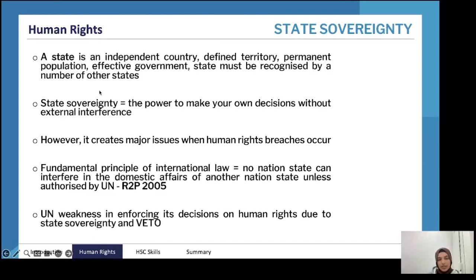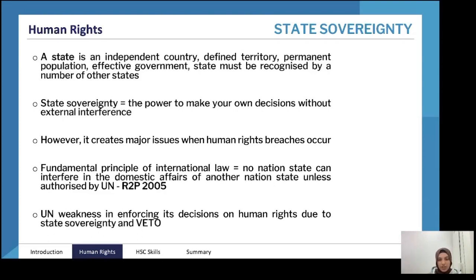State sovereignty is the power to make your own decisions without external interference. Essentially, if Australia decides that they want to include a voice for Aboriginal and Torres Strait Islander peoples in Parliament, then America can't come and say to Australia, no, you can't do that, because that is an external interference. This is something that's related to the country, it's a federal matter, so it stays within Australia.